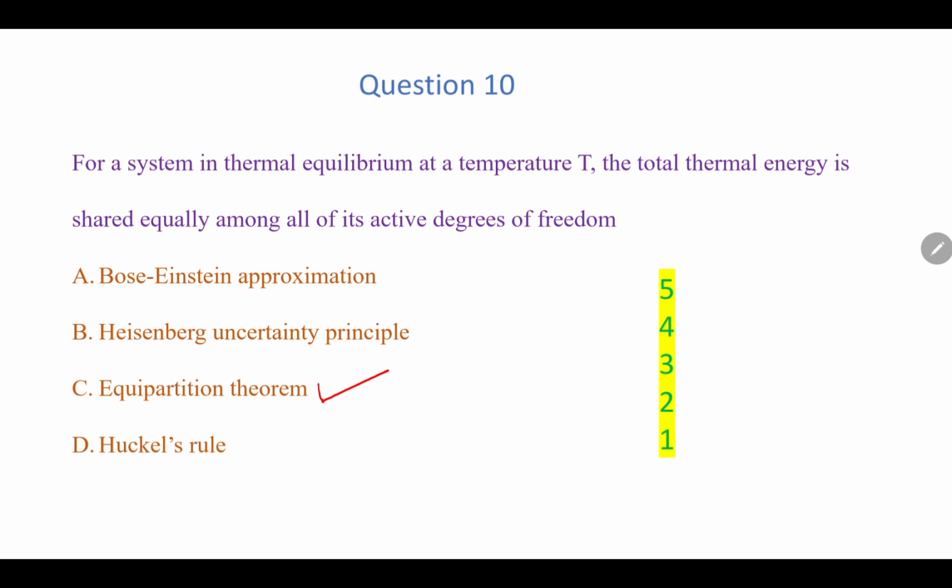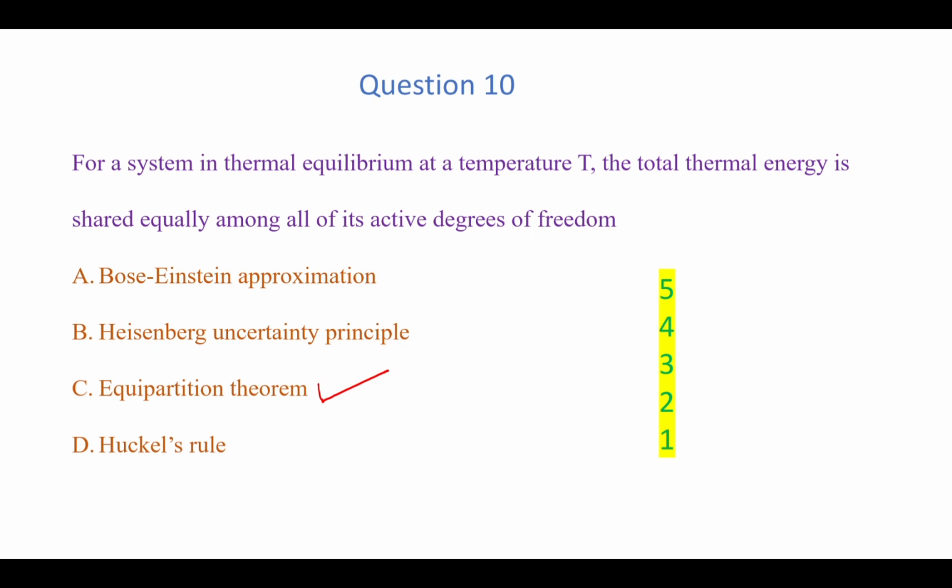It states that if you have a system in thermal equilibrium at temperature T, the total thermal energy is shared equally among all of its active degrees of freedom. It's just a straightforward theorem.